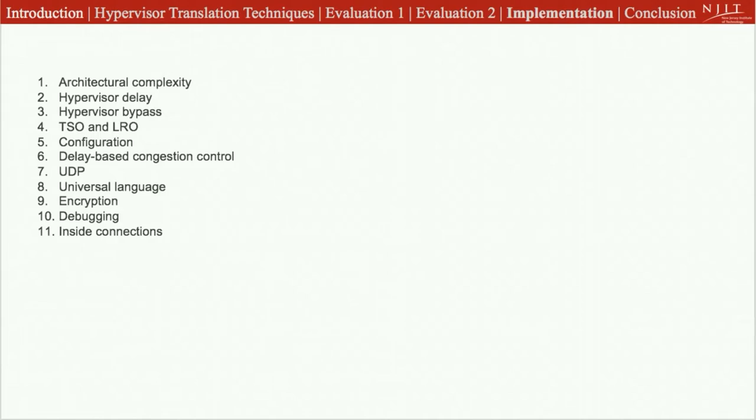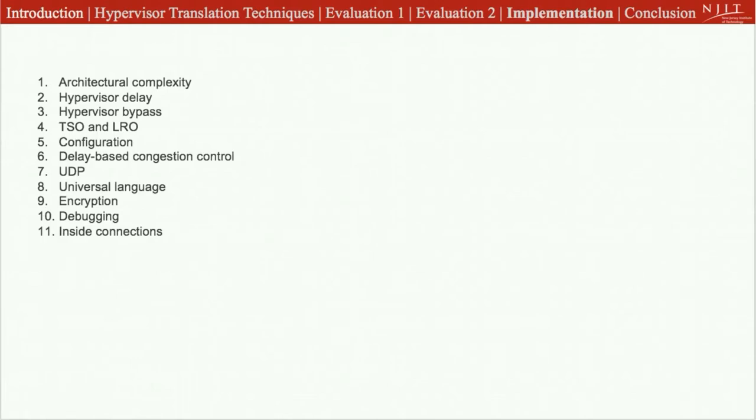TSO transfers large packet buffers to the NIC and lets it split them, while LRO does the reverse operation. The hypervisor needs to modify the VCC translation layer accordingly. Now let's talk about the configuration. In the VCC architecture, the network administrator can assign a different congestion control to different ports, IP addresses, applications, OSs, or tenants.